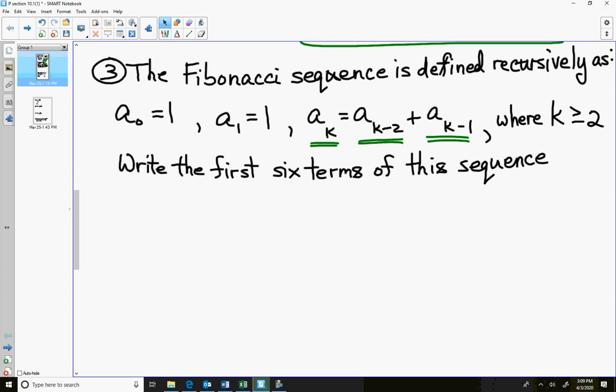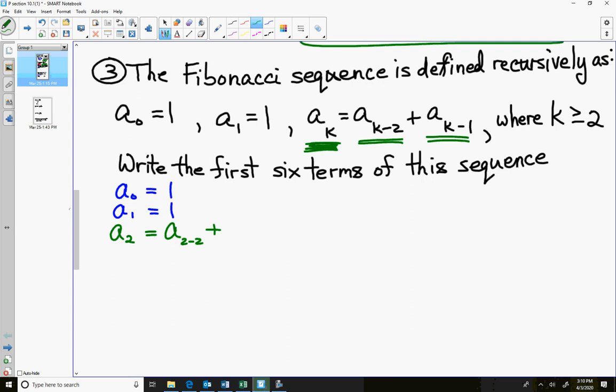So, going the long way around the world. I'm going to go a long way to start with. They tell us A subscript 0 is 1. They tell us A subscript 1 is 1. So we've got that. Now, I want to find A subscript 2. So, from our formula over here, K is 2. So it's going to equal A subscript 2 minus 2 plus A subscript 2 minus 1.